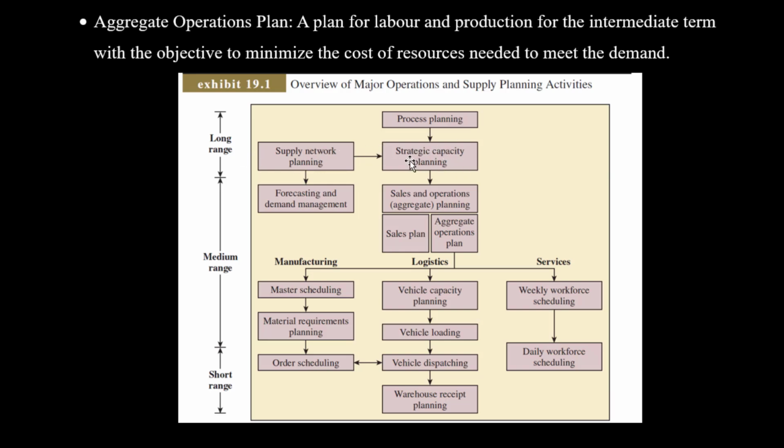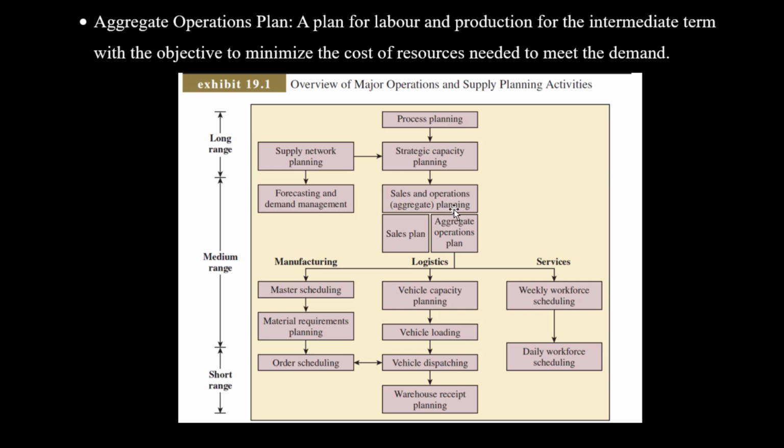There the strategic capacity planning is done usually for a year or maybe up to 3 years. Based on strategic capacity planning, the sales and operation planning for a medium range period, almost a year or 6 months, is arrived at.